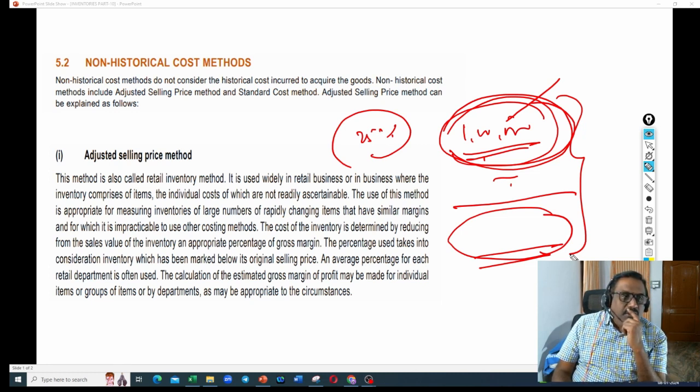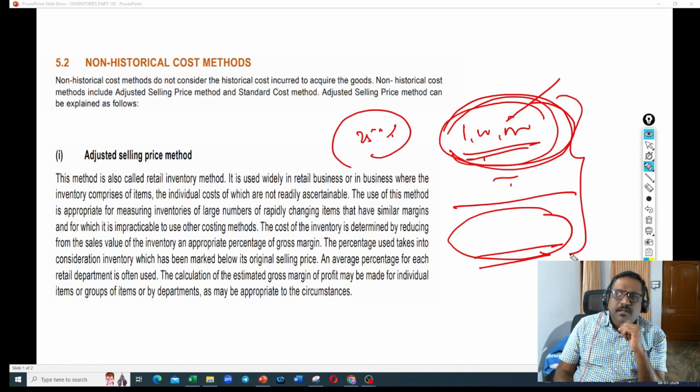So, the use of this method is appropriate for measuring inventories of a large number of rapidly changing items that have similar margins. All these items, whatever items I'm referring to, will have more or less the same gross margin percentages. If you go to a supermarket and ask the supermarket fellow, he will say, yeah, I get around 25 to 30% margin or 15 to 20% margin.